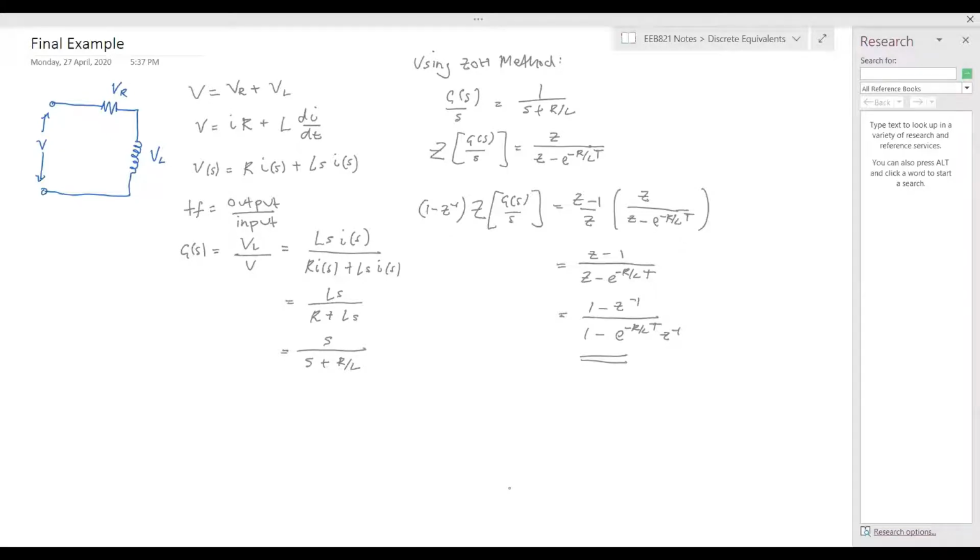The output is VL, the voltage across the inductor, and the input is V. So the transfer function G of s is VL over V. VL is L times di over dt, which is Ls times capital I of S, divided by V, which is R times I of S plus L times S times I of S. If we further simplify this, we will get Ls over R plus Ls.